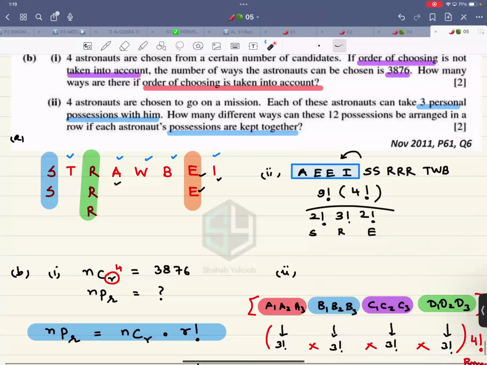Okay, now this one. 4 astronauts are chosen to go on a mission. Each of these astronauts can take 3 personal possessions with him. How many different ways can these 12 possessions be arranged in a row if each astronaut's possessions are kept together?